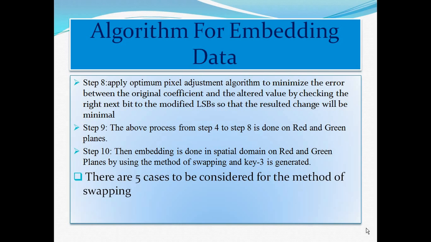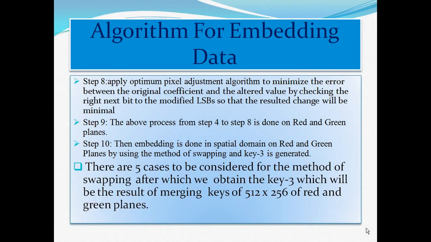Once we are done with this, we get two matrices of the R and G planes, which are of 512 by 256 pixels. These planes are made up of 1s and 0s. 1 represents that swapping has been done, and 0 represents that no swapping has been done.